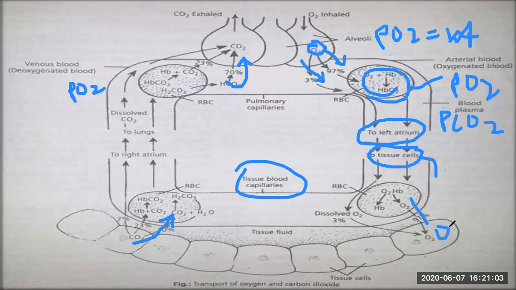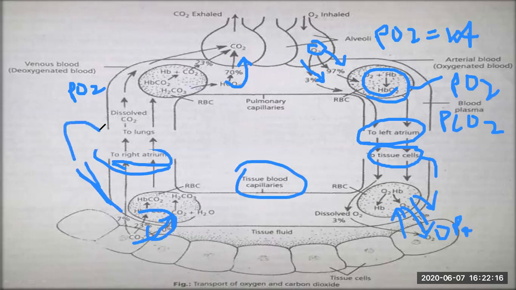Tissue has a very low oxygen concentration, PO2 is 40, while in the capillaries PO2 is 45. Gaseous exchange takes place, the tissue takes in oxygen and releases CO2 into the blood capillaries, which flows to the superior and inferior vena cava, which open into the right atrium. So this is the explanation of the transport of the gases.